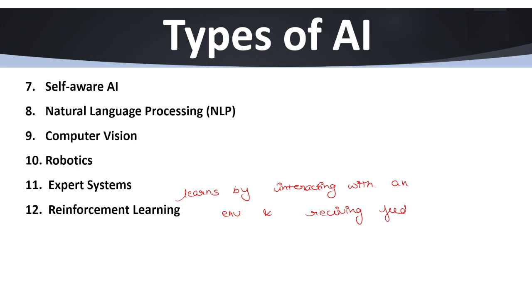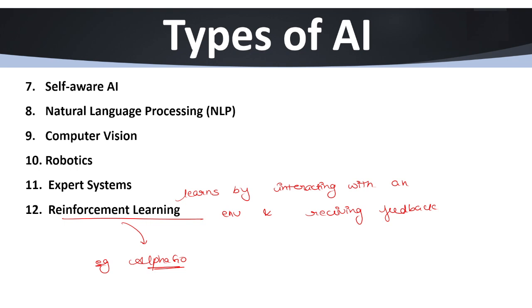For example, AlphaGo. AlphaGo is a very famous artificial intelligence driven tool that is taken under the category of reinforcement learning. In AlphaGo, the AI that defeated the world champion in the game of Go, learning from countless games played against itself. So AlphaGo is its example.